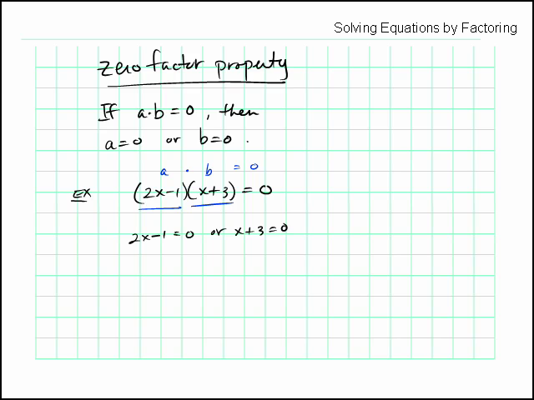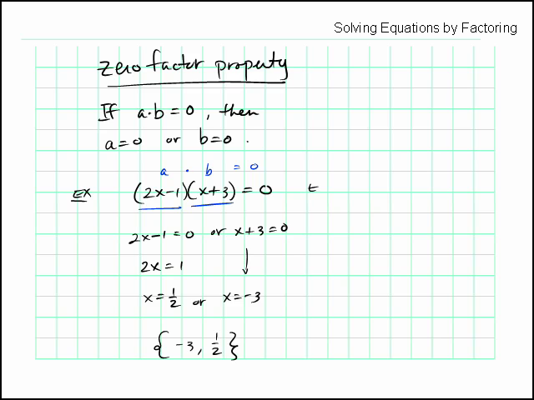In other words, I just set each factor equal to 0. And then if I solve each one for x, I get my solutions. This one I get x equals 1/2, and this one right here will give me x equals -3. And so I have solved the equation. The two solutions are -3 and a positive 1/2.